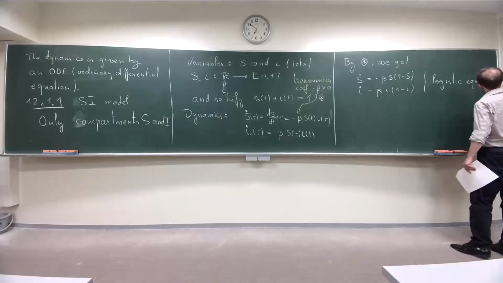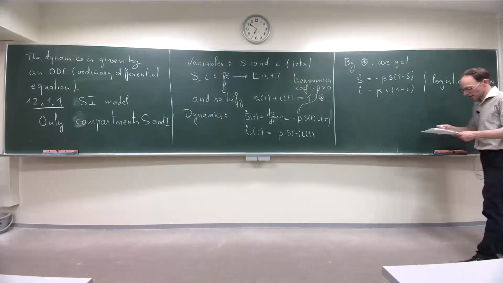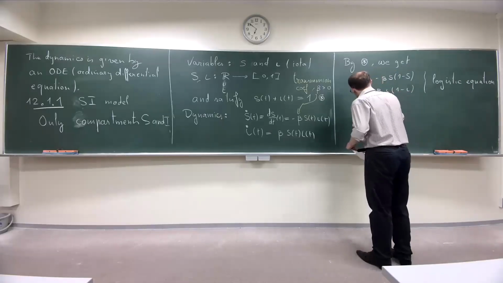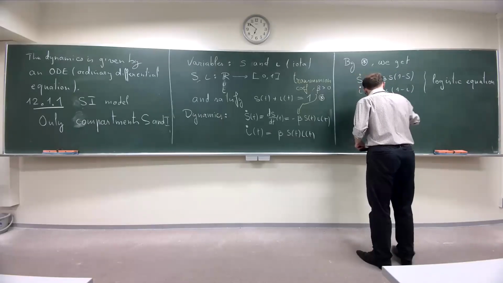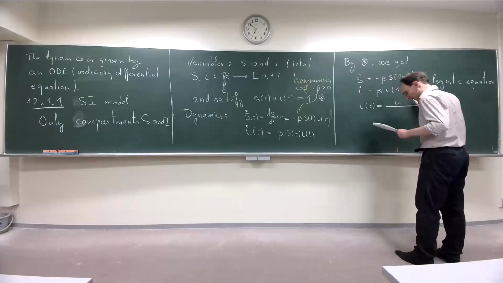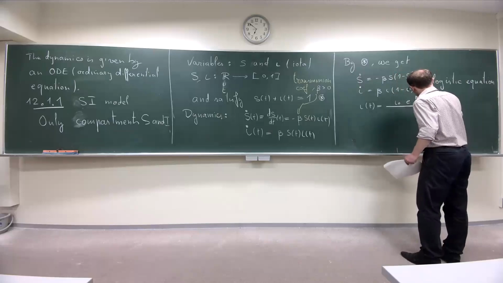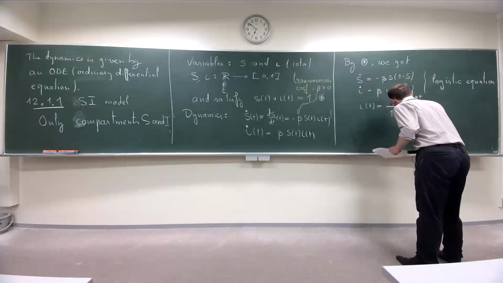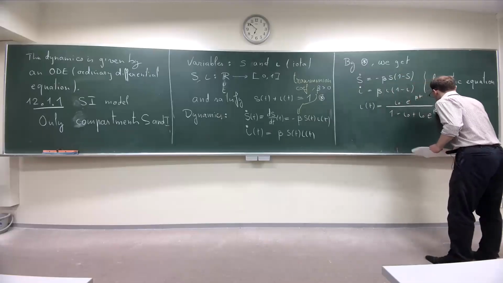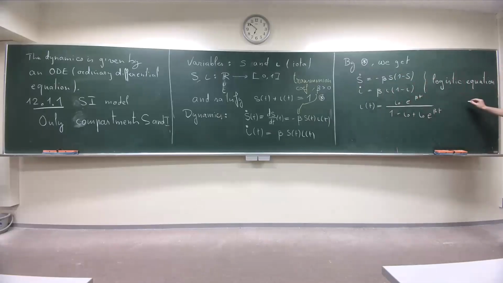And of course, we know the solution. The solution is given by iota of t equal to iota 0 e to the beta t, over 1 minus iota 0 plus iota 0 e to the beta t, where iota 0 is iota at time 0.